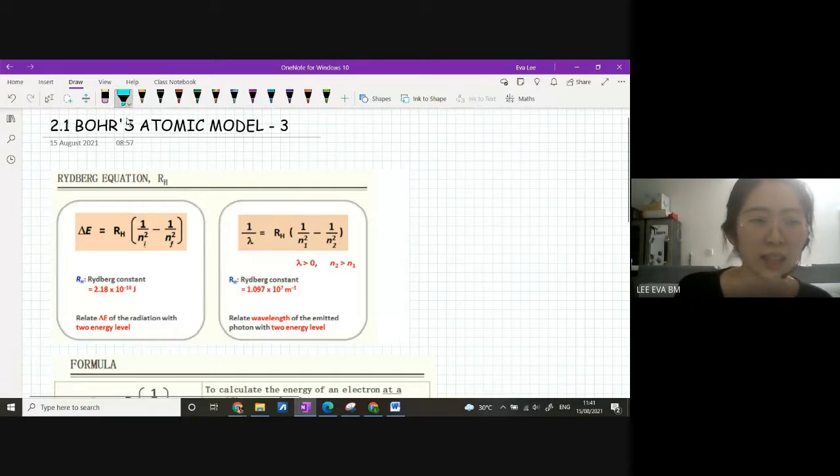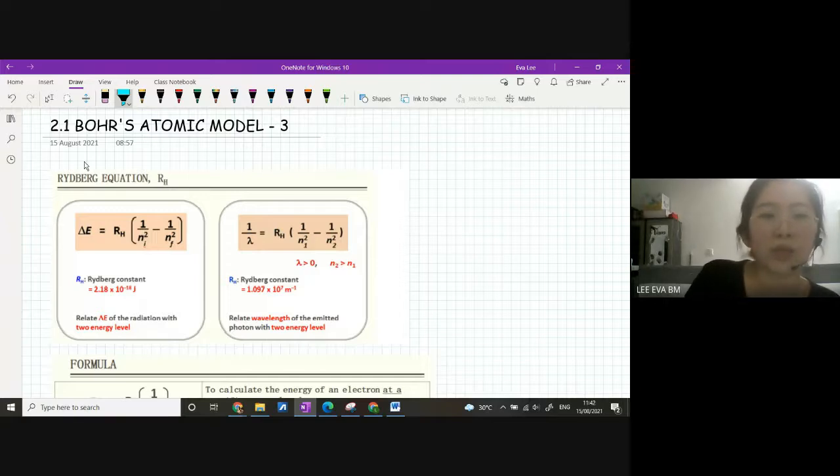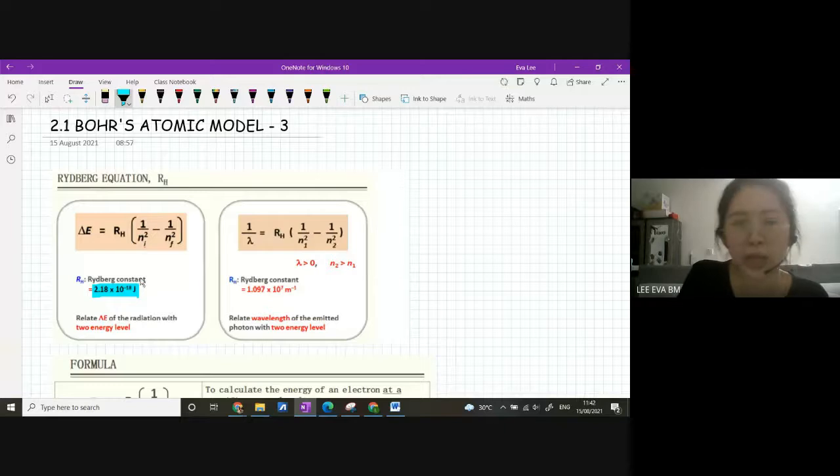So in here, if we use the equation delta E equals to Rydberg constant, and then we have 1 over n initial square minus 1 over n final square, we will use the Rydberg constant of this value with a unit of joule. So ini adalah untuk pengkiraan energy. Energy difference ke, energy change ke, release or absorb.